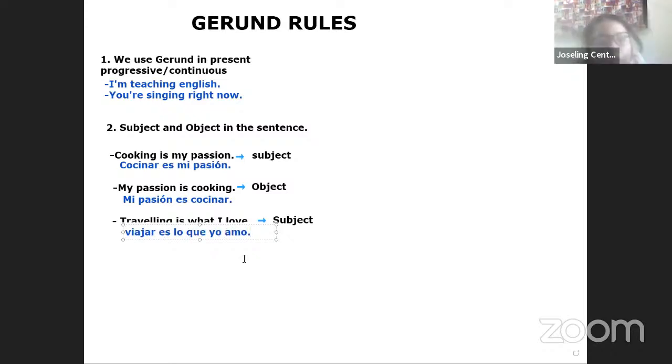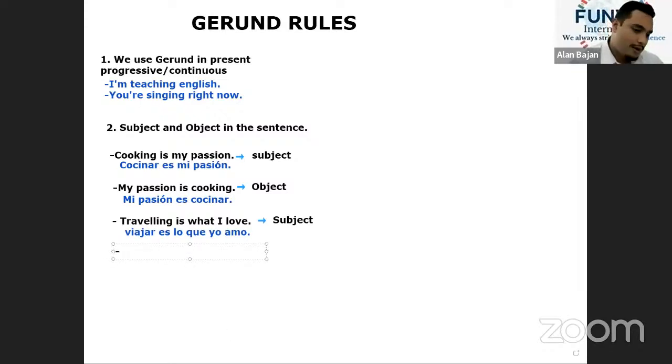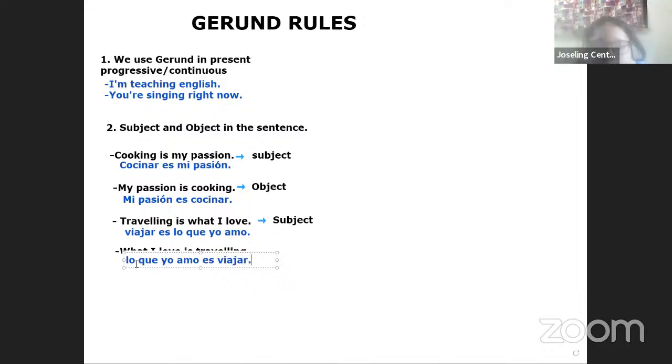I love. Then we say, what I love is traveling. Object. That's object.